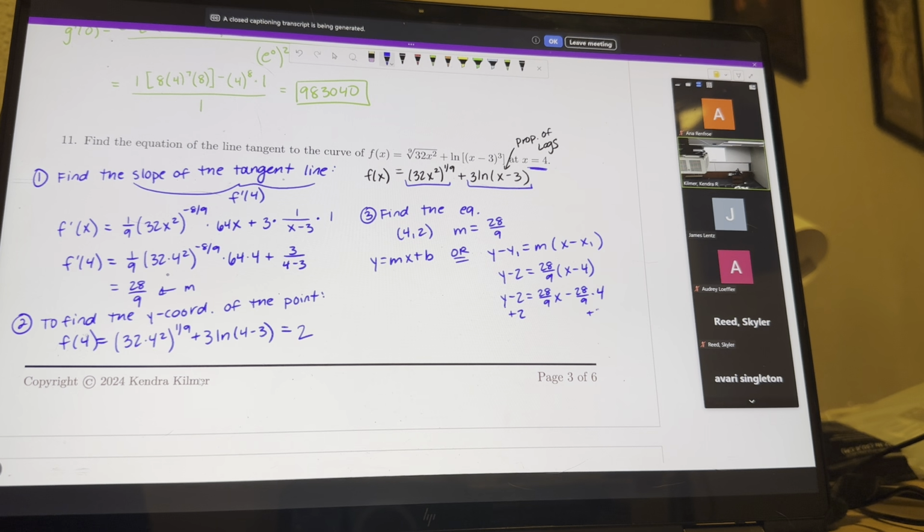Add 2 to both sides, we get y is equal to 28/9 x minus 28/9 times 4 plus 2, which gives me minus 94/9. And so that would be the equation of the line that is tangent to this curve at x equals 4.